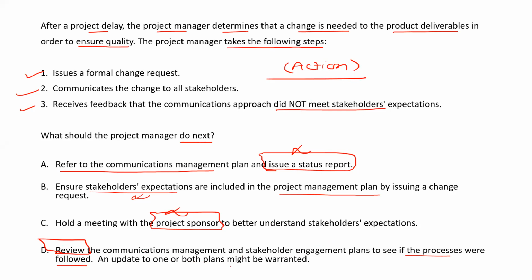An update to one or both plans might be warranted, which means they need to be updated, but you cannot update directly. First you will review it, then you will communicate to the sponsors and the required stakeholders, then you can update it. But direct update is not required. So yes, all of you were good with answer D.